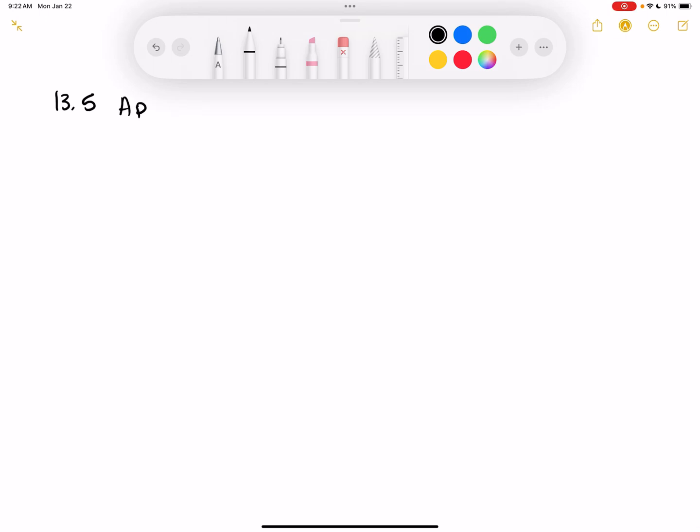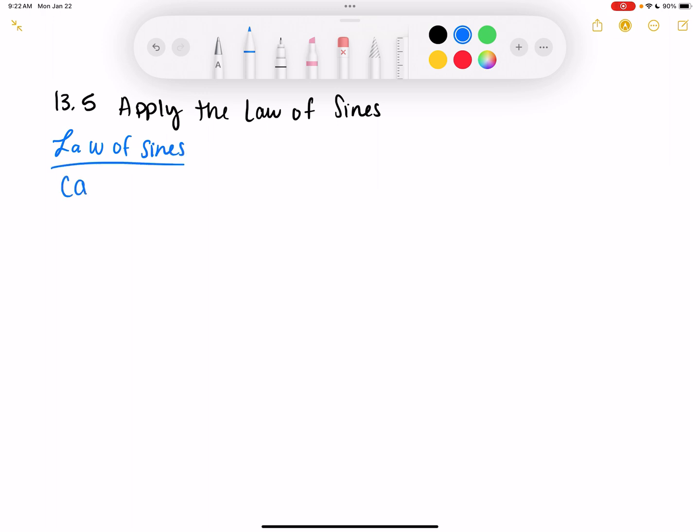All right, 13.5, apply the law of sines. So the law of sines, it can be written in either of the following forms.